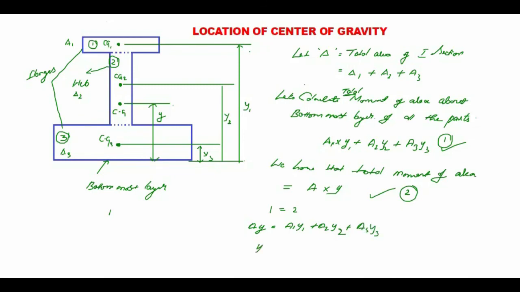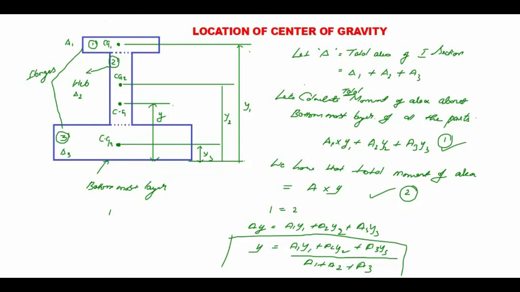So y is equal to A1 y1 plus A2 y2 plus A3 y3, divided by A. And what is A? A1 plus A2 plus A3. So this is the expression that gives the location of the center of gravity of the I section.